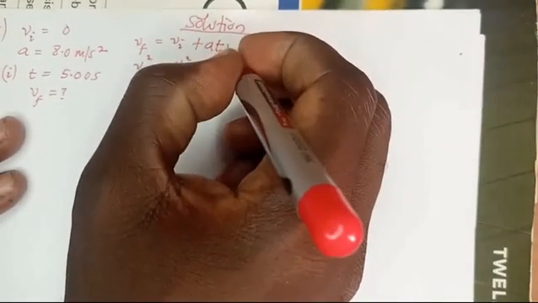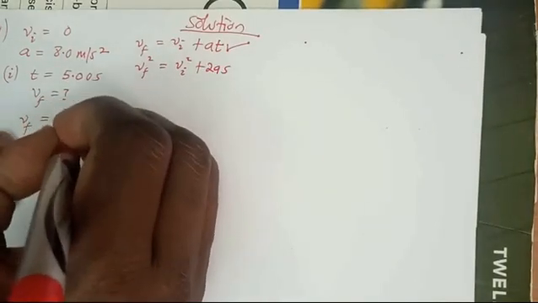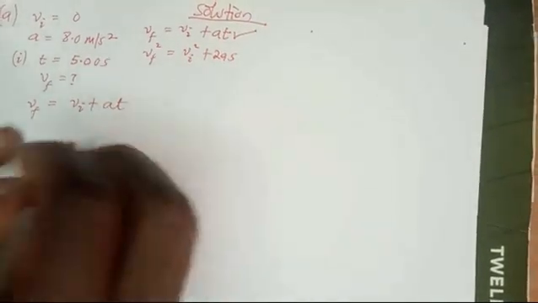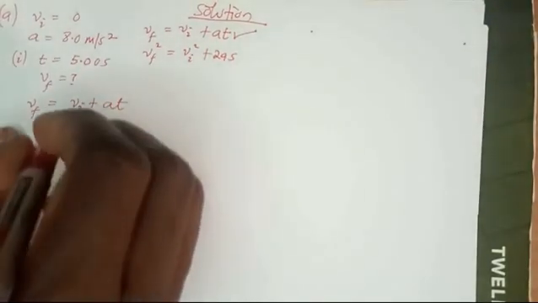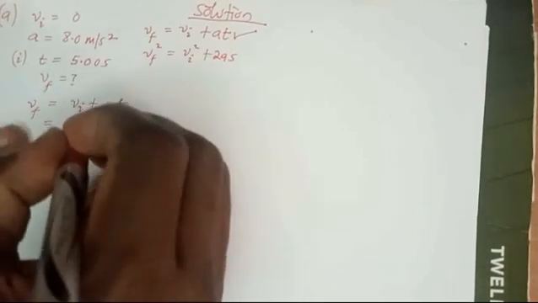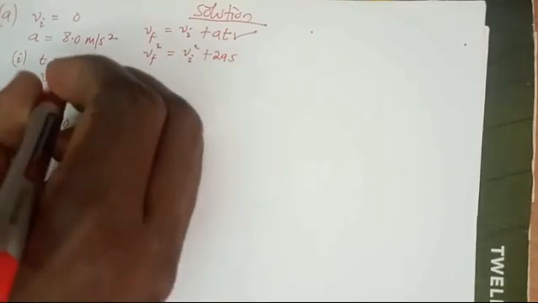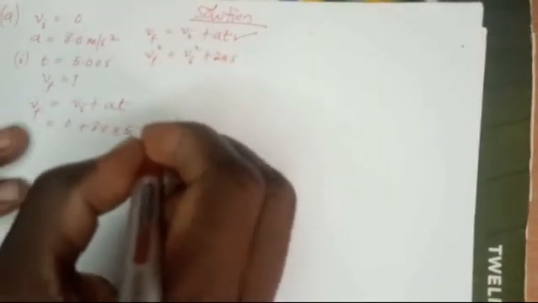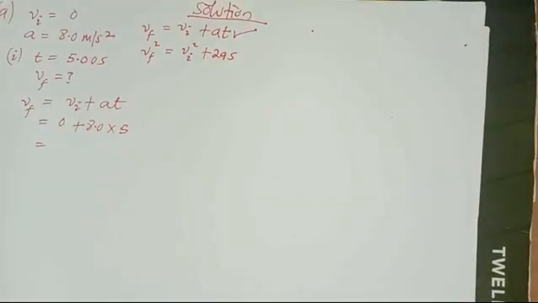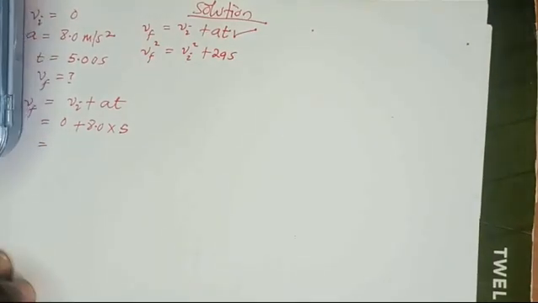So we resort to this one and say our final velocity is v sub I plus at, and this is equal to our v sub I, which is 0, plus our acceleration 8.0 multiplied by our time 5. Just take your calculator in case you are confused.